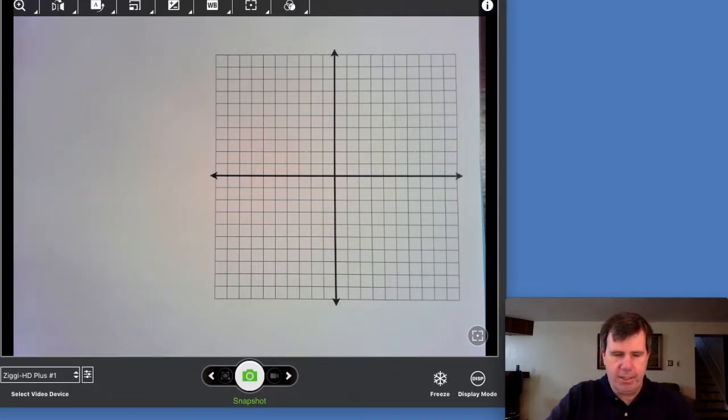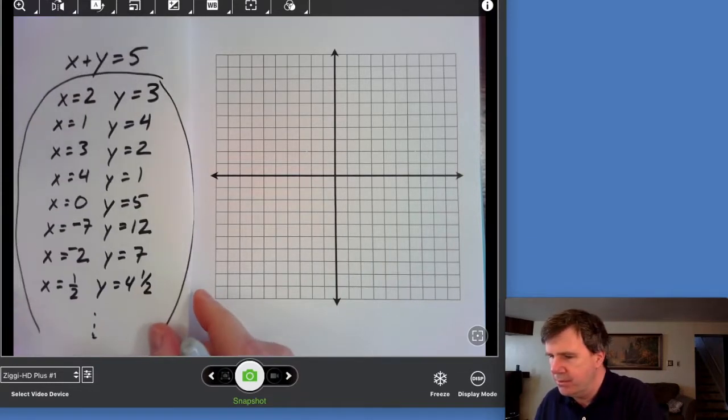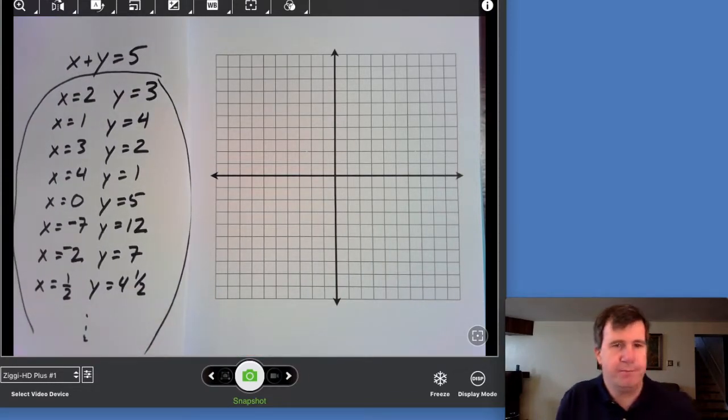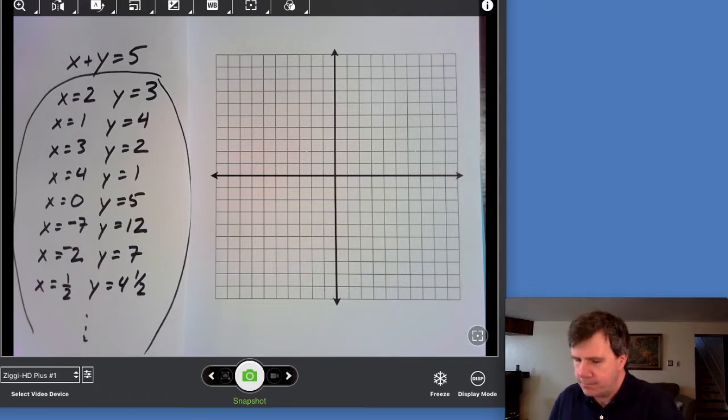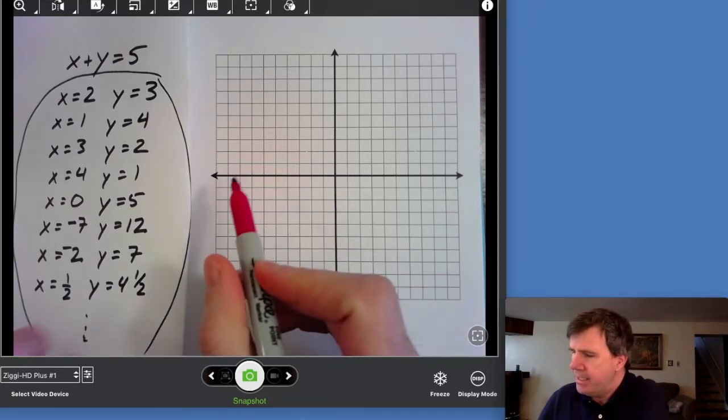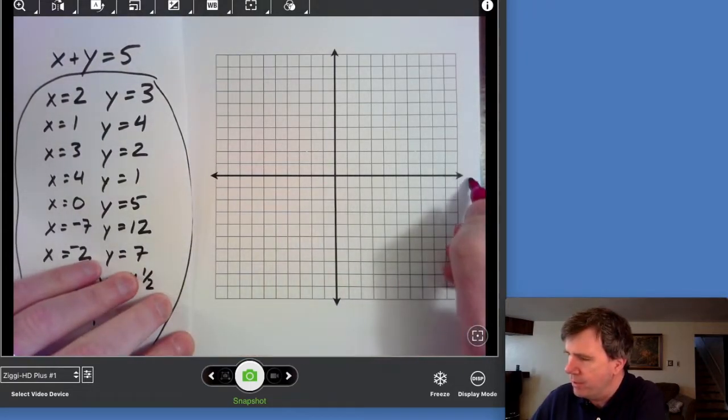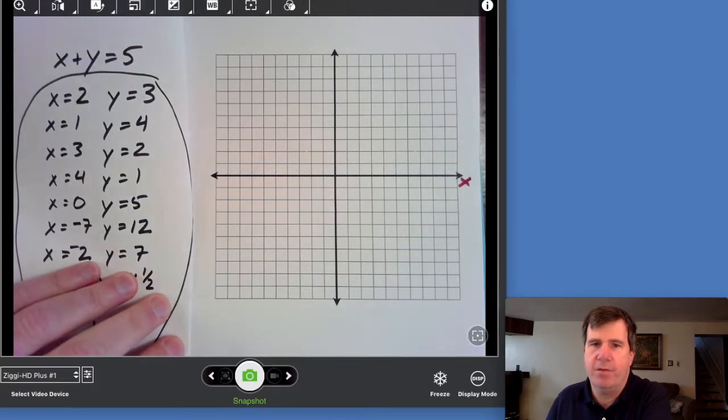Okay, let's take a look and see what he wanted to accomplish here. So let's go ahead and look at our original solutions to x plus y equals 5. What he said was that just like on a number line, you can find all the numbers on a number line. He had this line going across here be the number line for the x values.